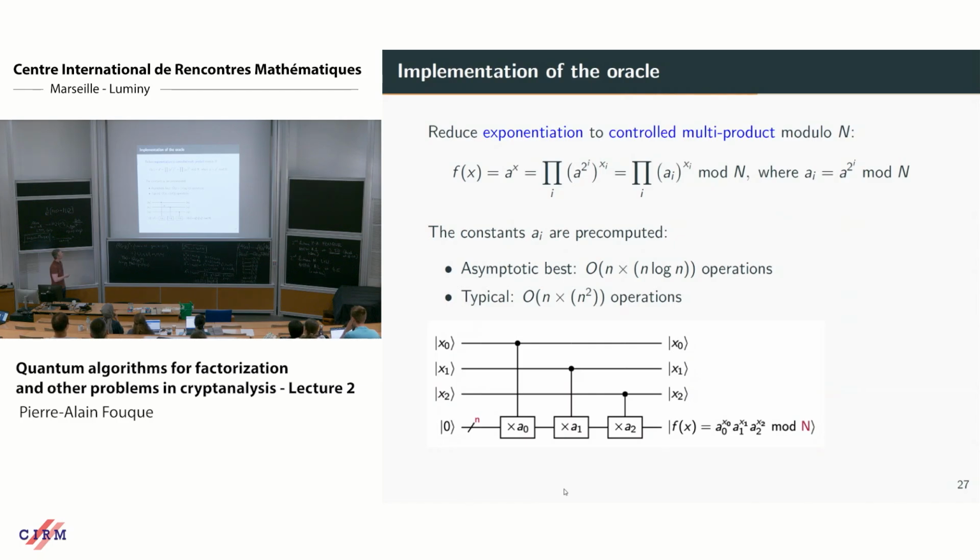And here, if x1 is a 1, we apply this function. Otherwise, we don't multiply by x1. And here also it is the same. At the end, we have computed this function. So here you can see that we can compute this controlled multi-product just by using these different gates, and it's just controlled by the bits of the exponent x.